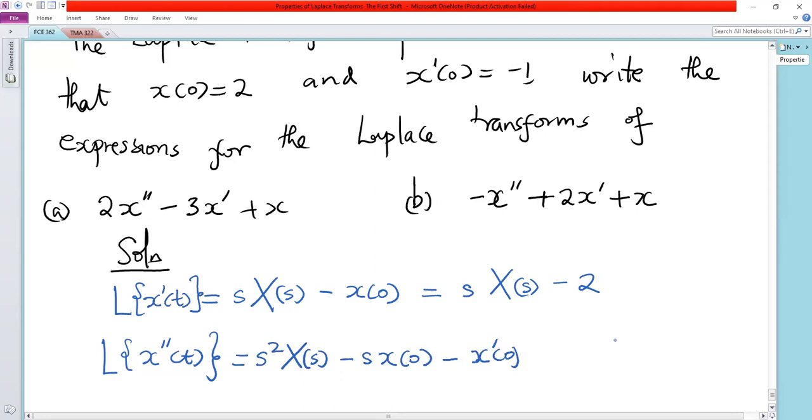And so when we substitute, we get s squared capital X of s minus 2s plus 1.